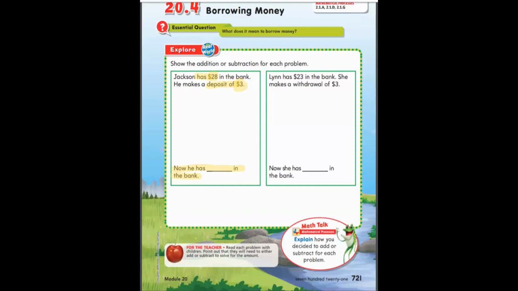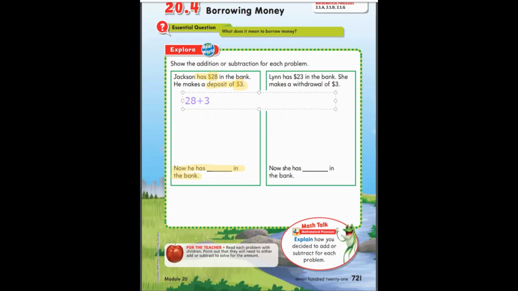So what I'm going to do now is, he had $28 and he deposit. You remember what is deposit? Okay, deposit is to put more money in the piggy bank. So if he had 28 and he deposit 3, that means that he's putting another $3 in the bank.